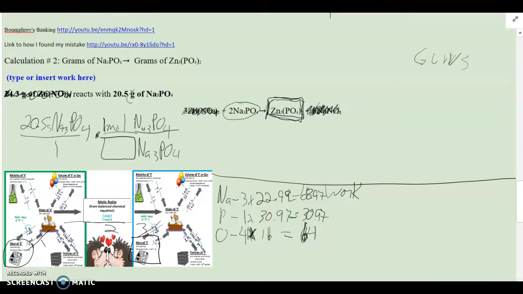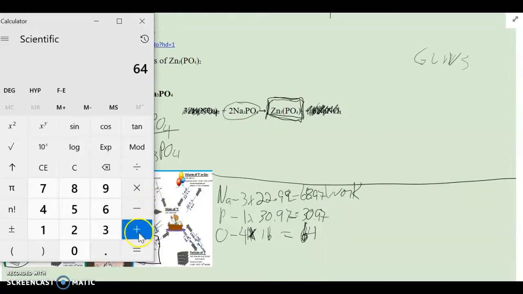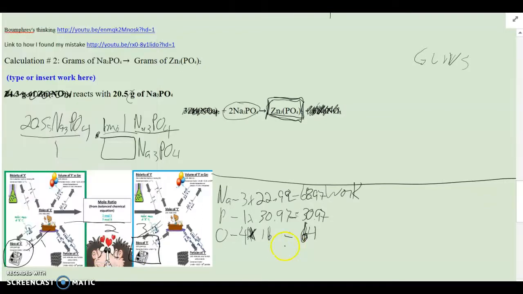Great. Now let's add all that up. 64 plus 30.97 plus 68.97 equals 163.94. Great, so 163.94.